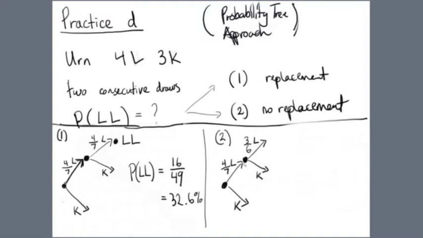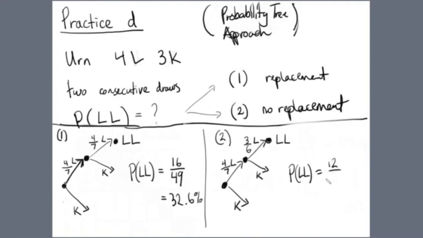Okay, so we know that's the pathway that we're looking to follow here. We drew a purple on the first, purple on the second. And that lands us at the event of interest, where the first draw was a purple and the second draw was a purple. So now we can calculate the probability of that event happening. It's going to be the product of the probabilities on each of the branches that we followed. So 4 over 7 times 3 over 6. 4 times 3, that's 12.